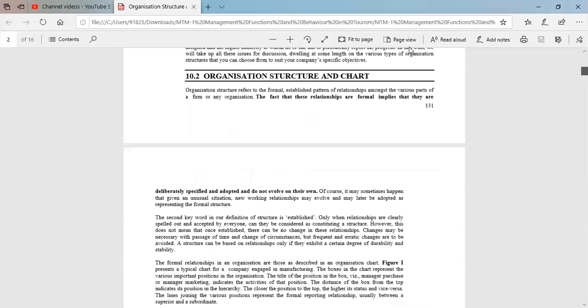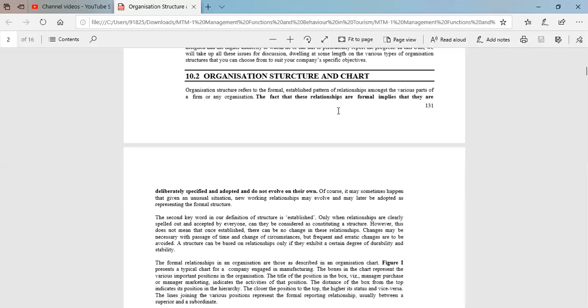So organizational structure and chart. The fact that these relationships are formal implies that they are relatively specified and adopted and do not evolve on their own. So organizational structure refers to the formal stabilized pattern of relationship amongst the various parts of a firm or any organization.